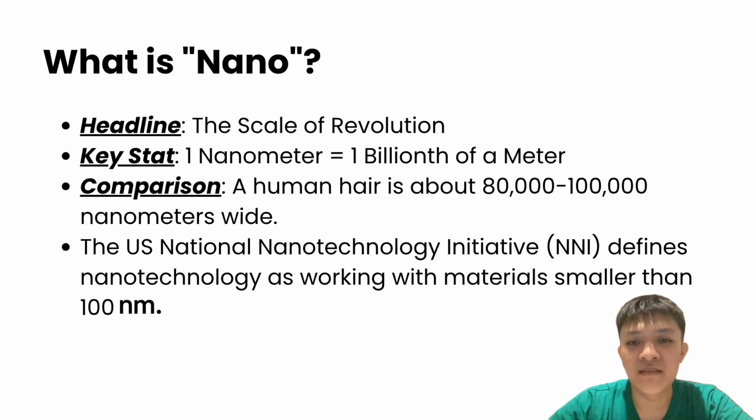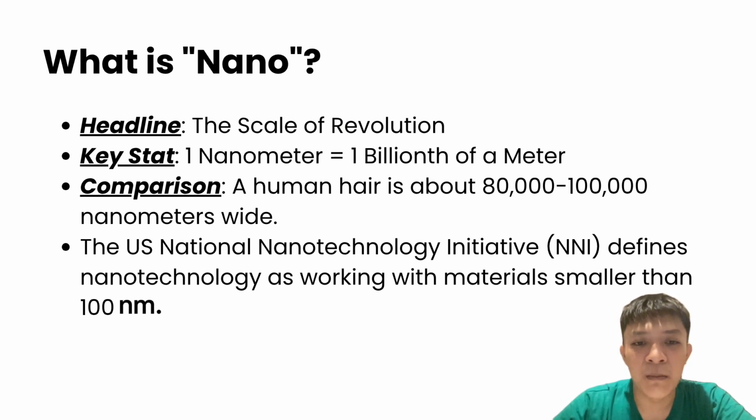So if you imagine splitting one hair into 100,000 pieces, one piece will be roughly a nanometer in size. According to the US National Nanotechnology Initiative, nanotechnology involves working with materials smaller than 100 nanometers.